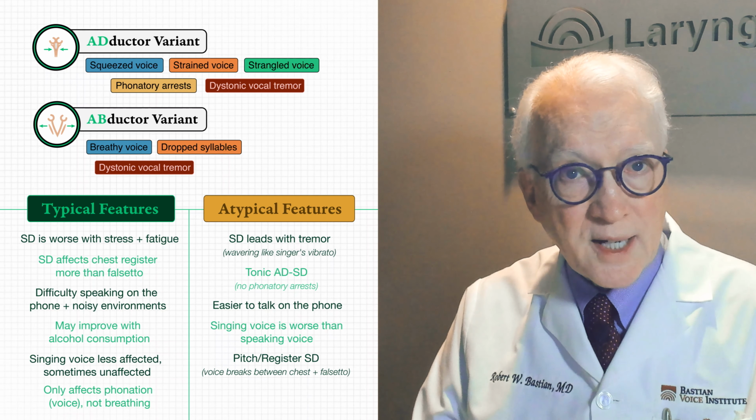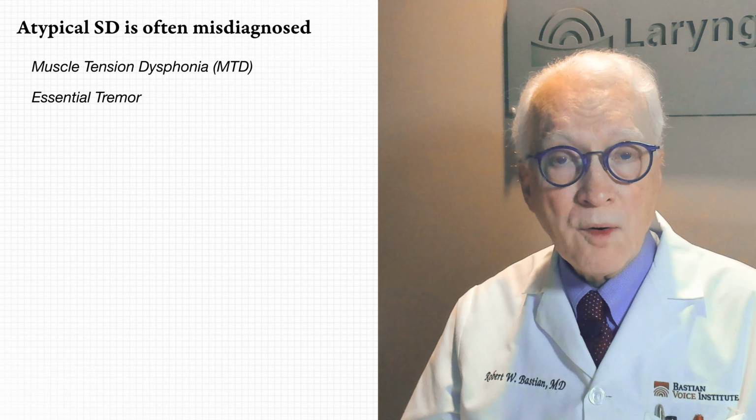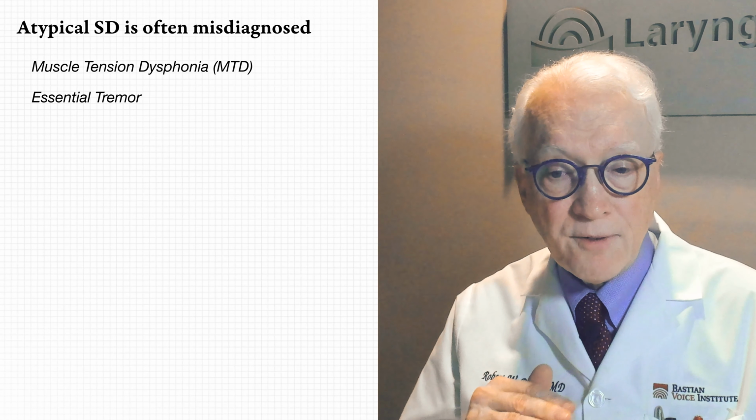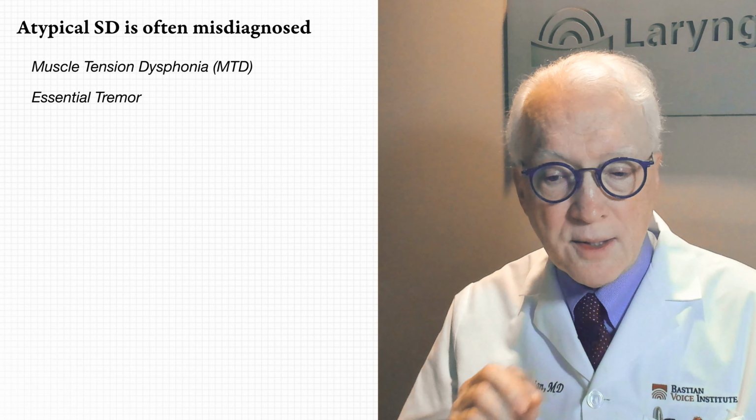So misdiagnosis is common in atypical SD, often as muscle tension dysphonia due to unfamiliarity with tonic variant SD. Essential tremor could be the misdiagnosis due to poor recognition of occasional or even rare dystonic spasms, or not being able to differentiate between essential tremor phenomenology and dystonic tremor phenomenology.